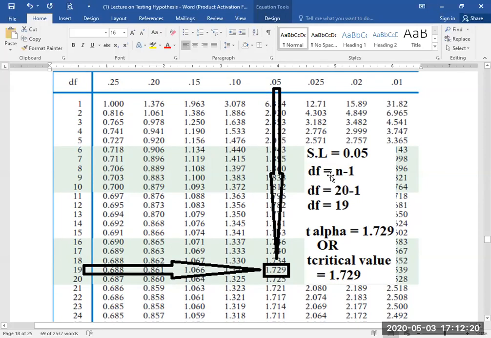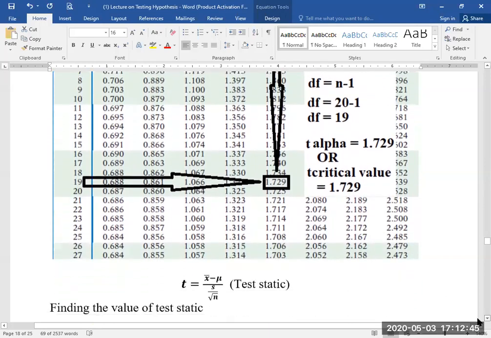Therefore, degree of freedom is n minus 1. N, the sample observations, was 20. 20 minus 1 is 19. And the significance level was 0.05. So from 0.05 and the degree of freedom column 19, both values converge at 1.729. Therefore, the critical value, or T critical value, is 1.729.